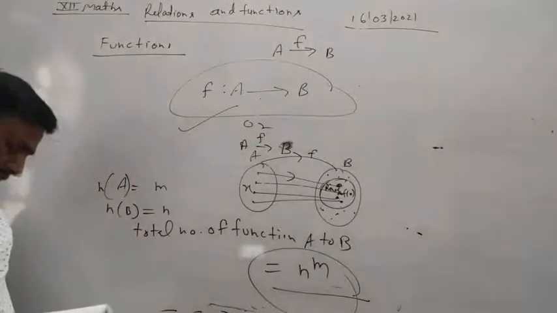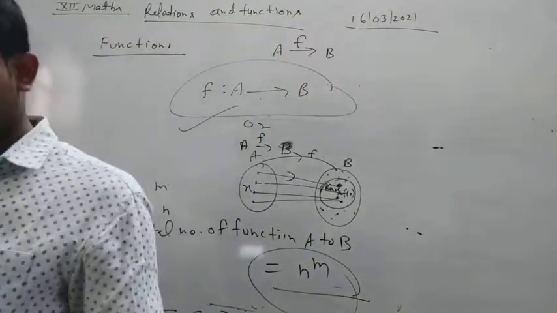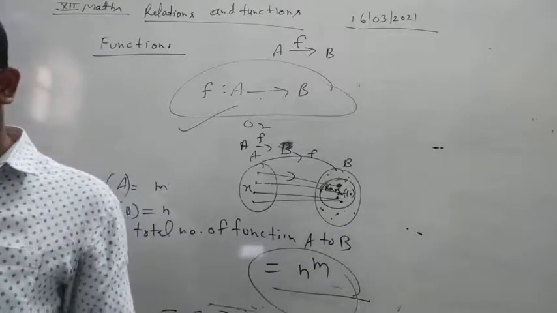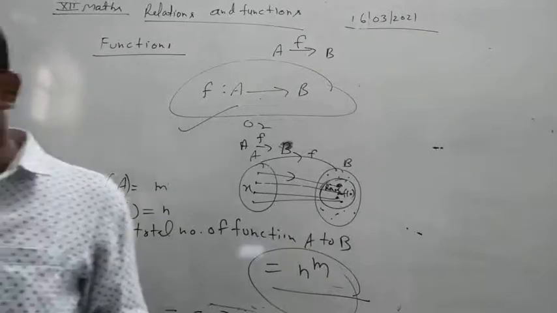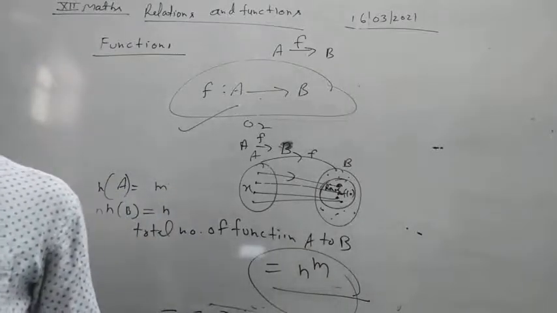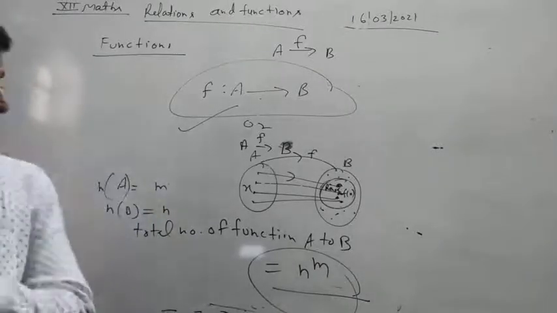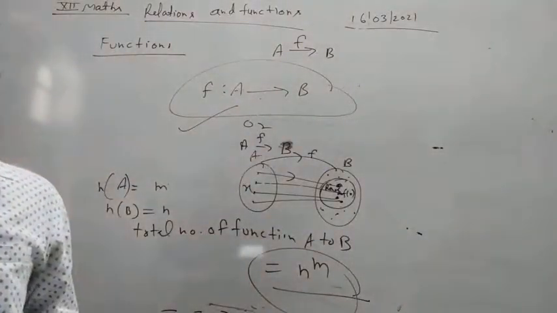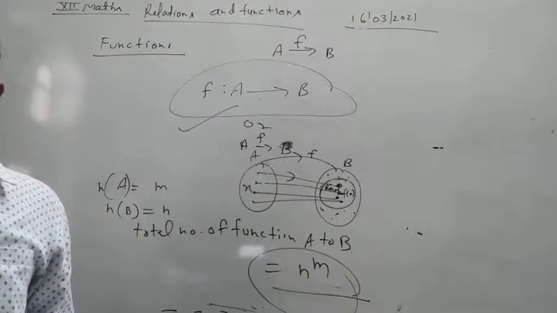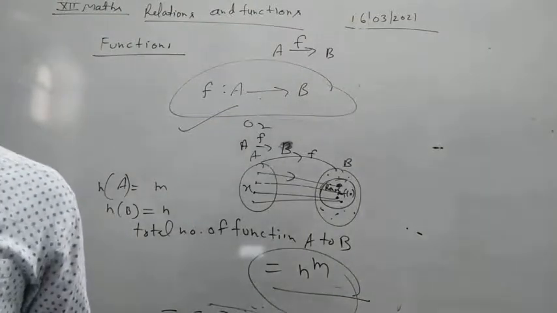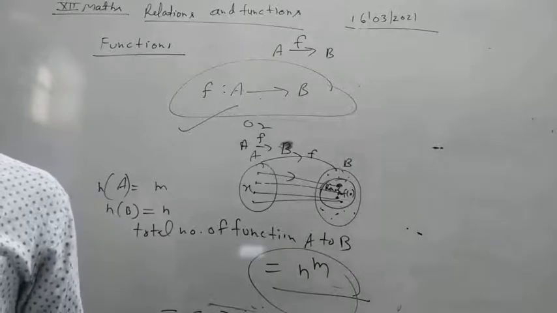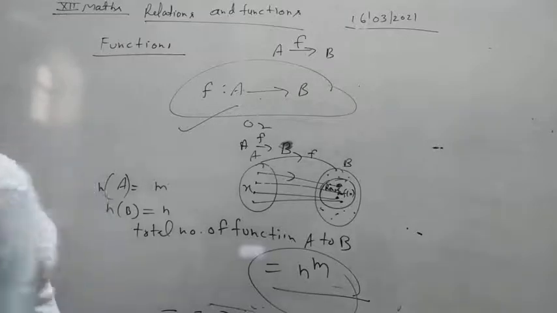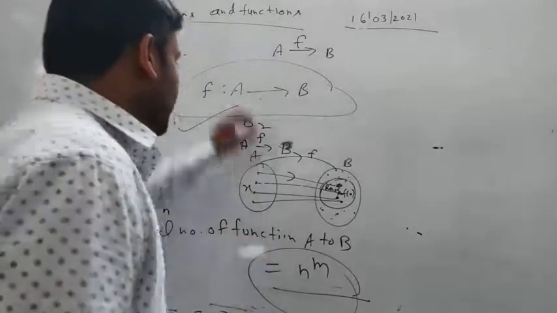A function from set A to set B is called a real valued function if B is a subset of R, the set of all real numbers. And if A and B are both subsets of R, then it is called a real function. Students, do you understand?